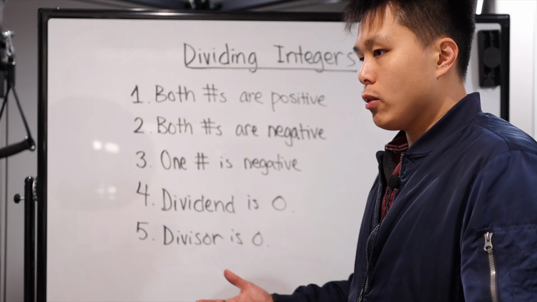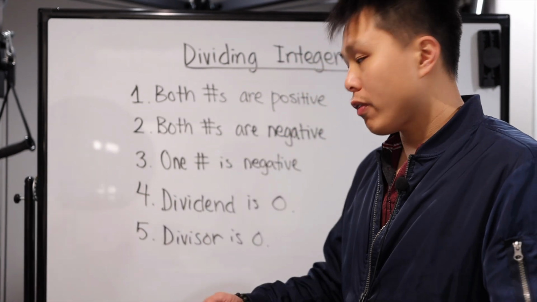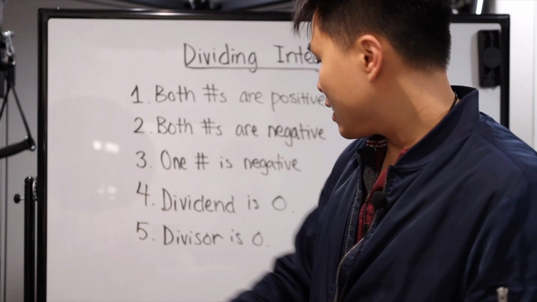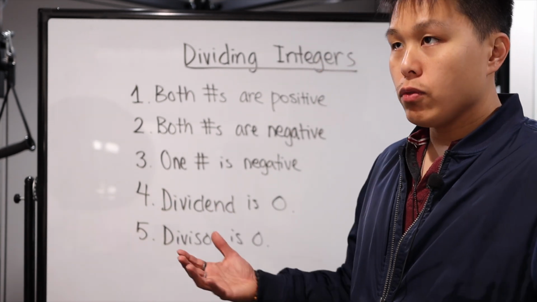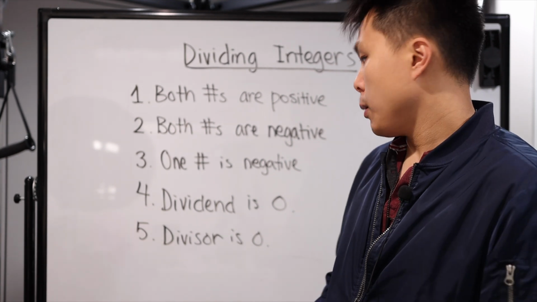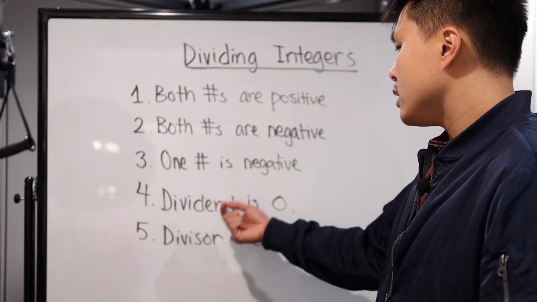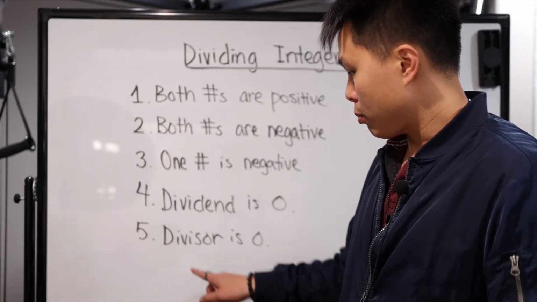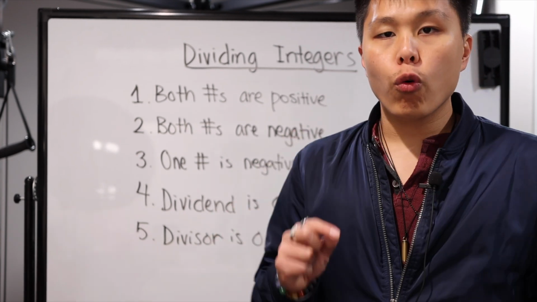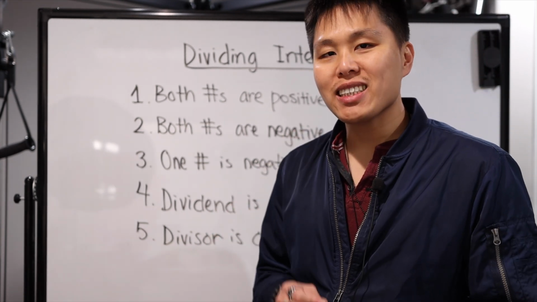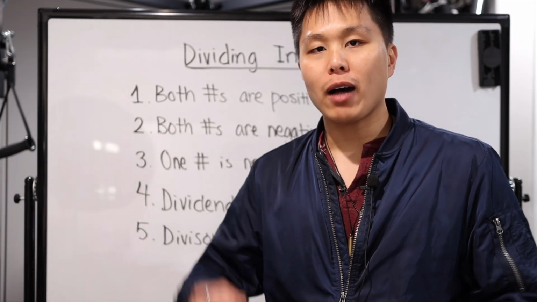So with the example 0 divided by 5, 5 is the divisor, whereas 0 is the dividend. Whereas if you have 2 divided by 3, 2 is the dividend, 3 is the divisor. Basically, bottom number, top number. So let's go over every single one of these cases and how to go about solving them.